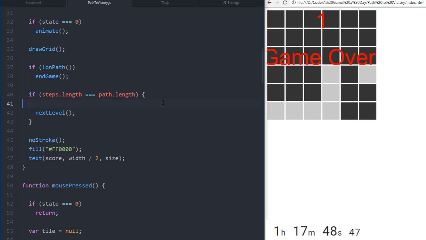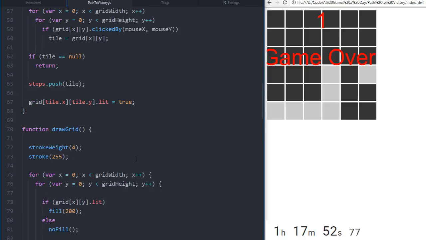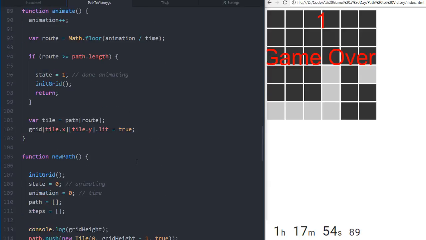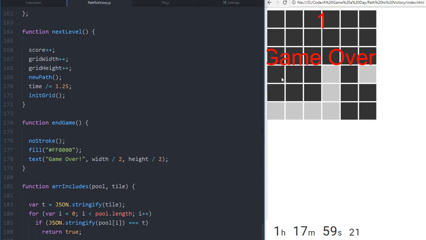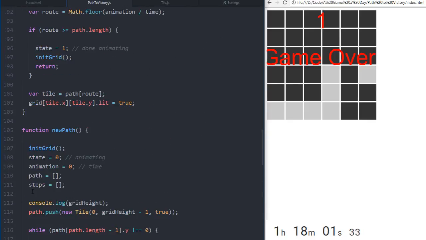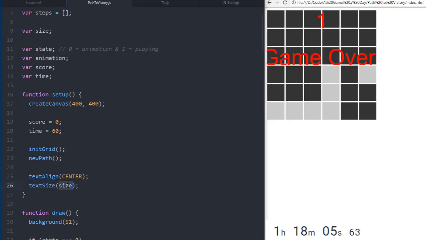Game over. It'd be so nice if I could make these the same size. And it's nice how they're already just size. Text size, size times 0.8. There we go.